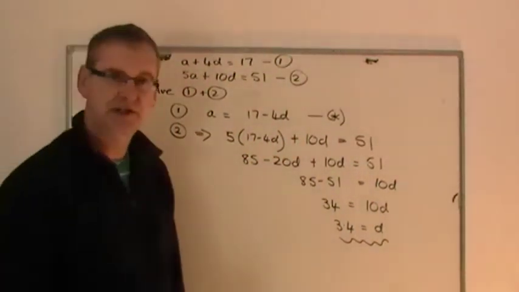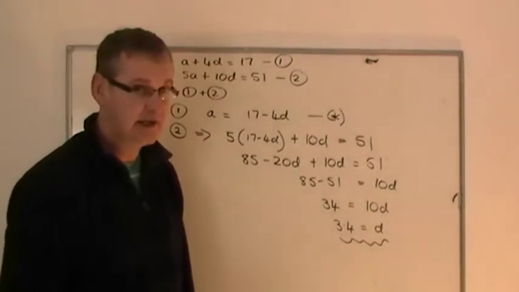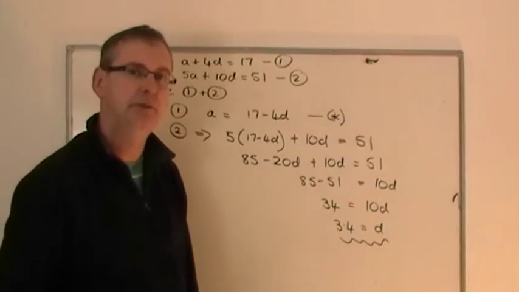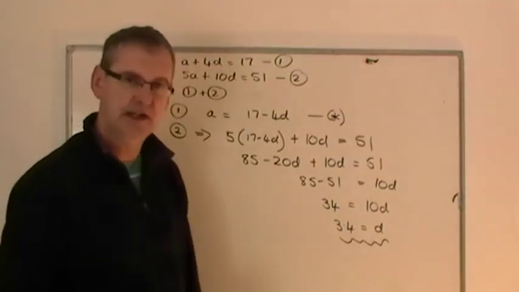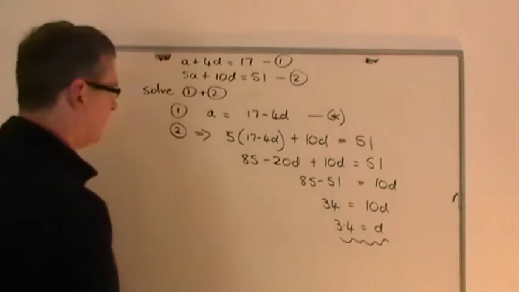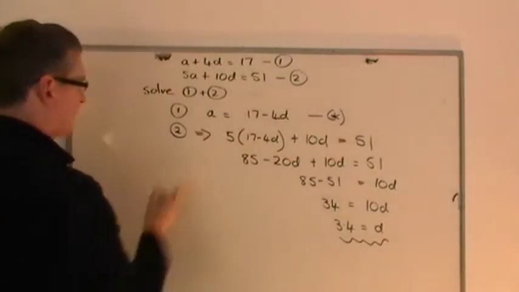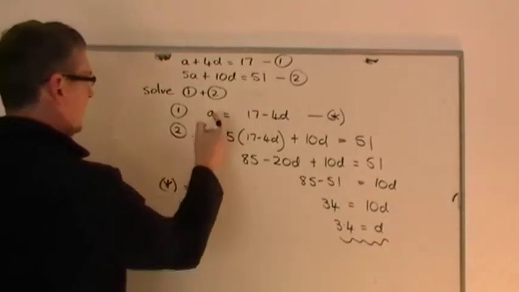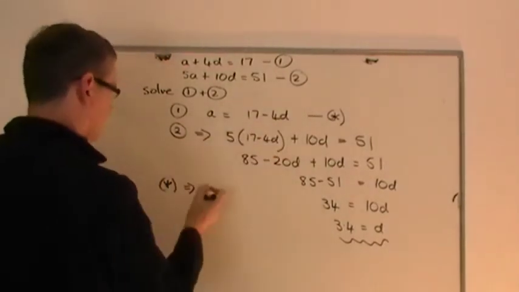Okay, well, if d is 3.4, it is possible. I've got to say in an exam it's much more likely that it'll turn out to be a whole number, but it is possible it could be a decimal, so d is 3.4 in this particular case. Asterisk line, let's find out what a is. So the asterisk now gives you that a is equal to 17 minus 4d.